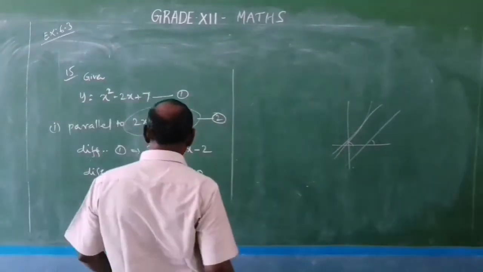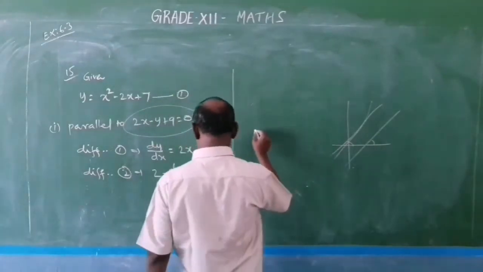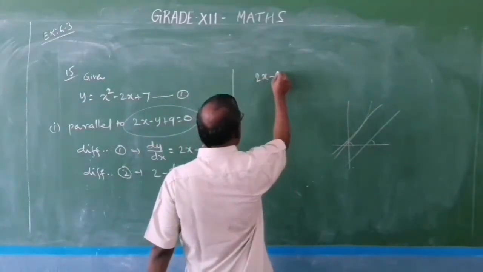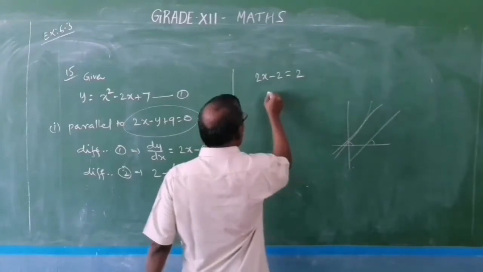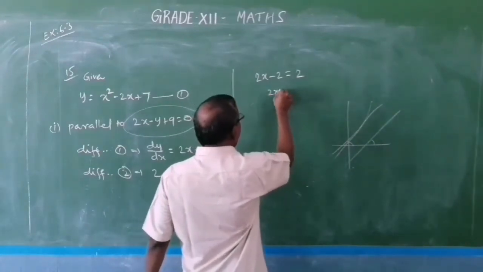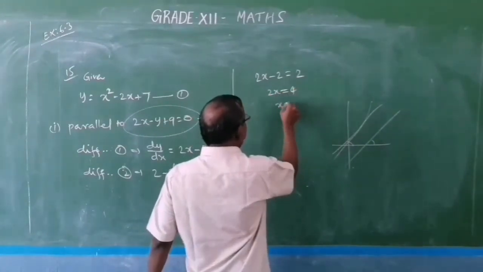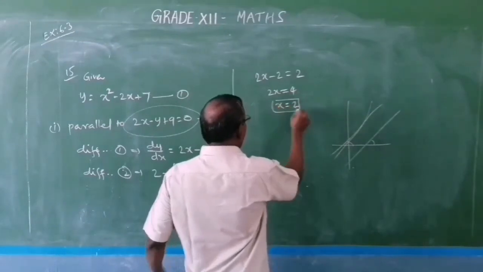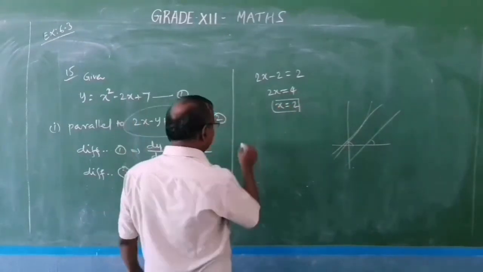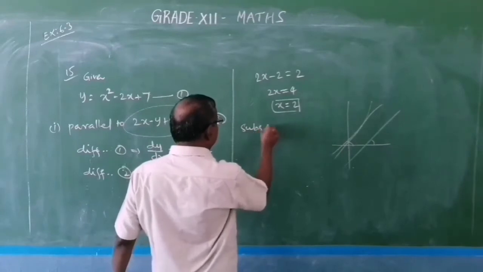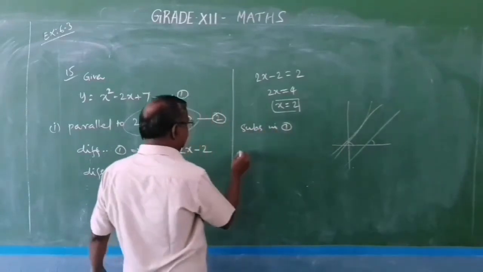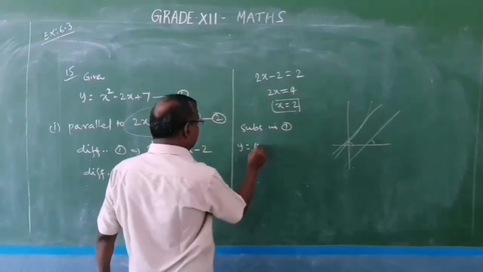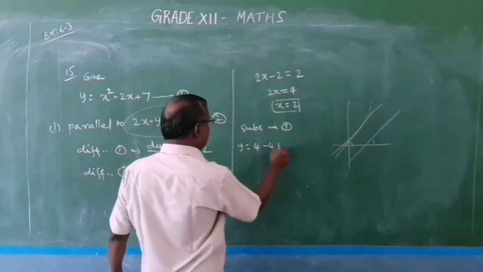So equating these two, that means 2x minus 2 equal to 2. So 2x equal to 4, x equal to 2, and substituting in equation 1, we have y equal to 2 square 4 minus 2 into 2 4 plus 7.